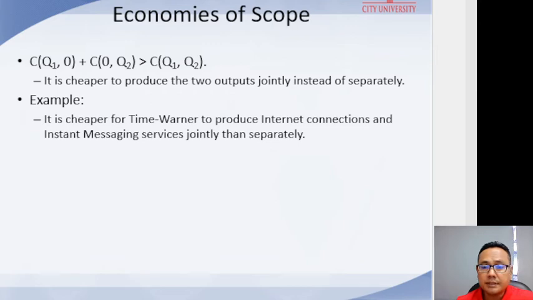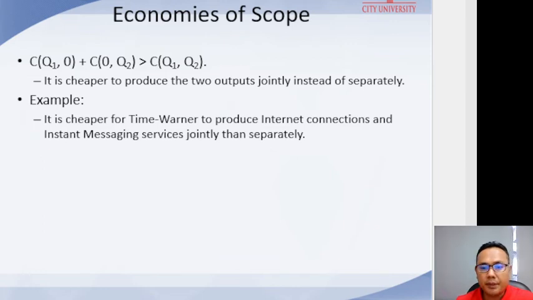This condition is known as economies of scale. So when there are economies of scale, increasing the size of operation decreases the minimum average cost.